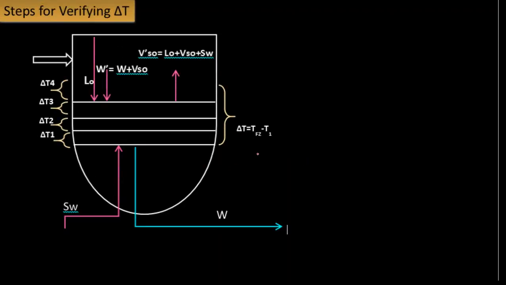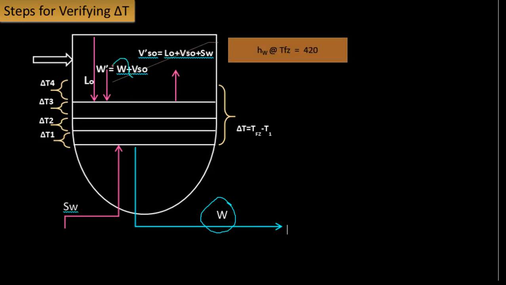So W, that is the bottom, but this bottom is coming from the flash zone. At the flash zone, the portion at the bottom has an HW value of 420.